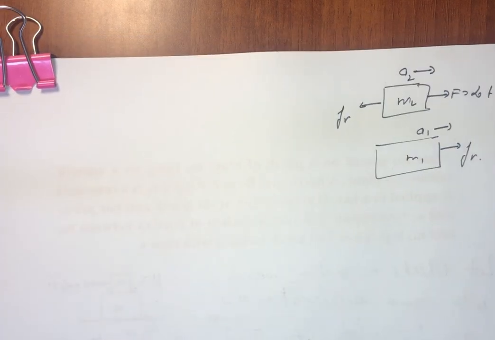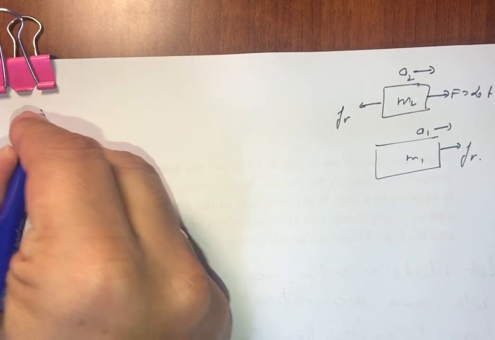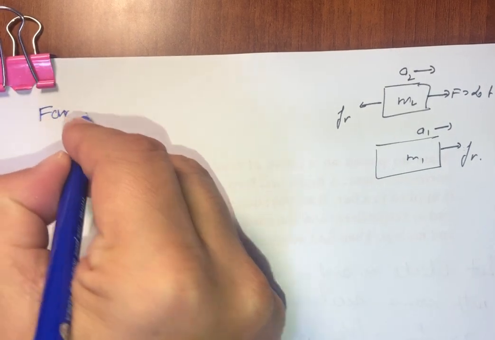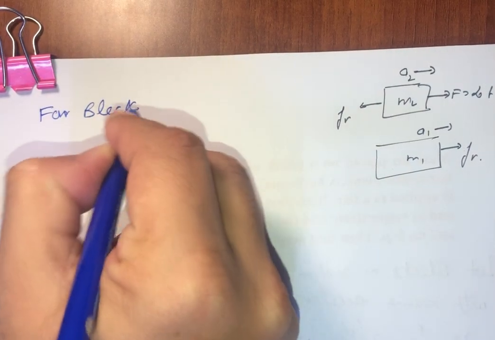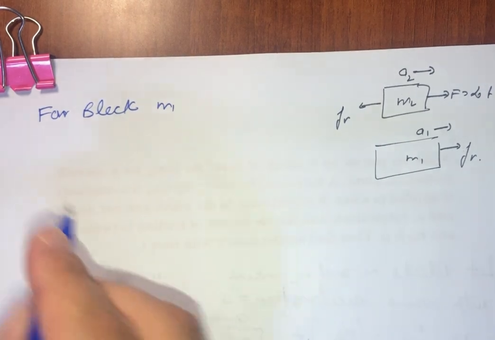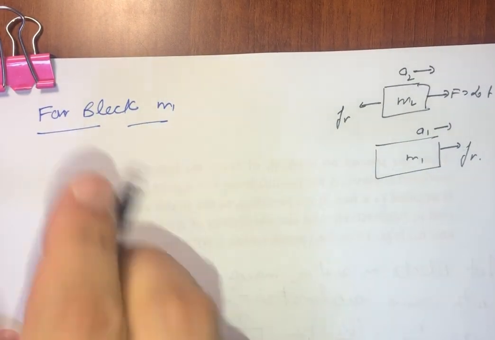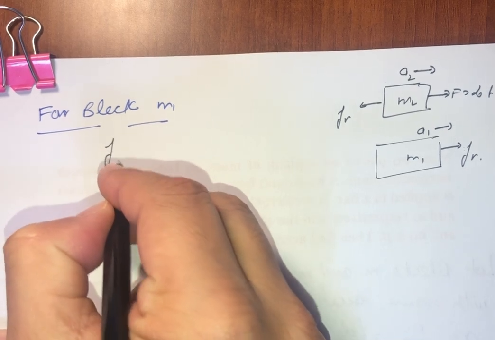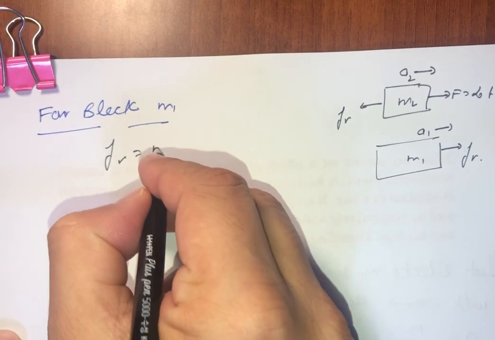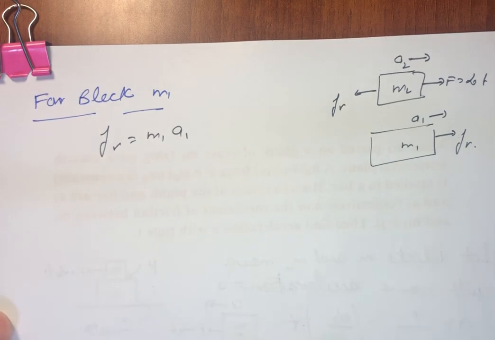We can say that for block m1, Fr will be equal to m1 a1, and Fr is nothing but Fr max.